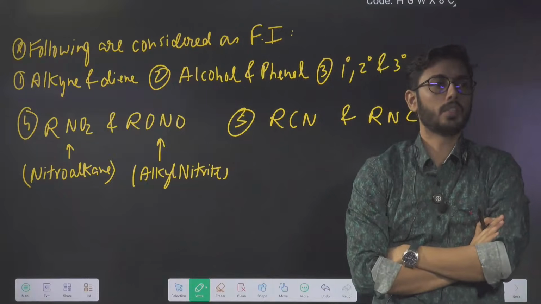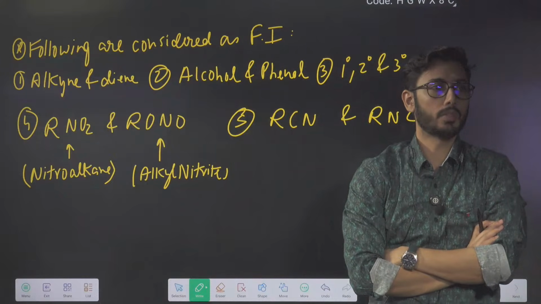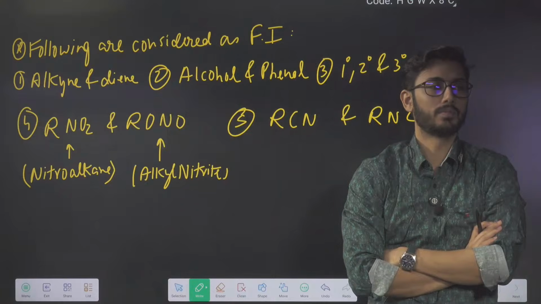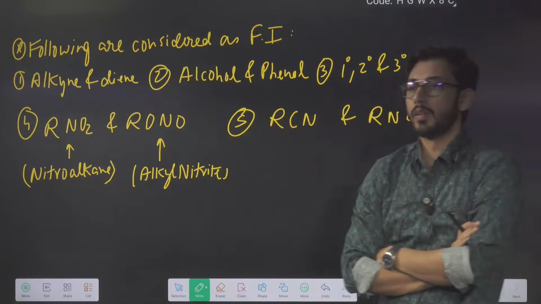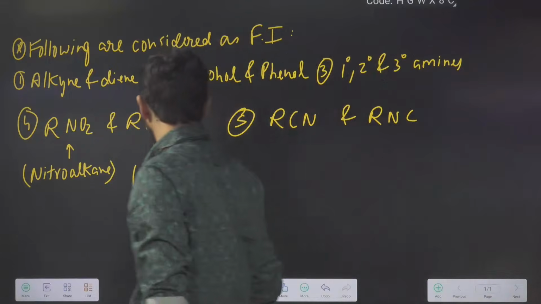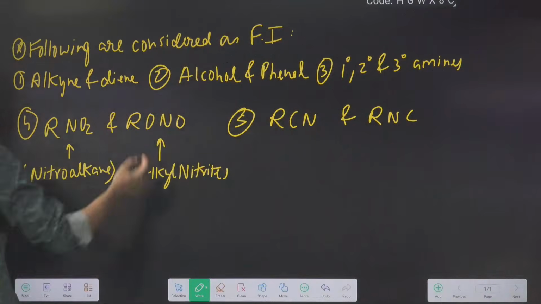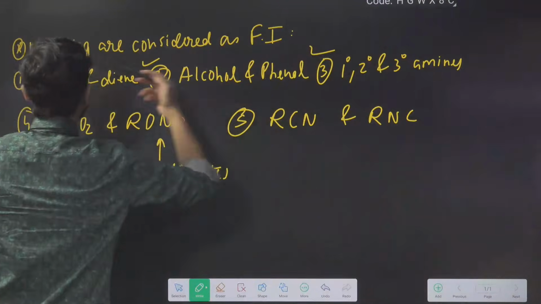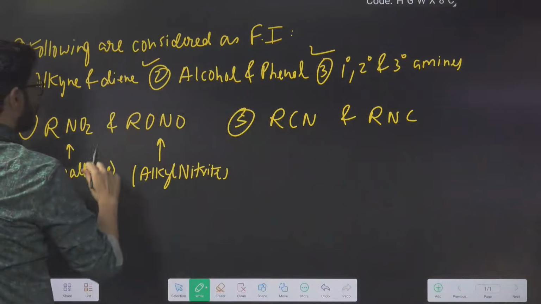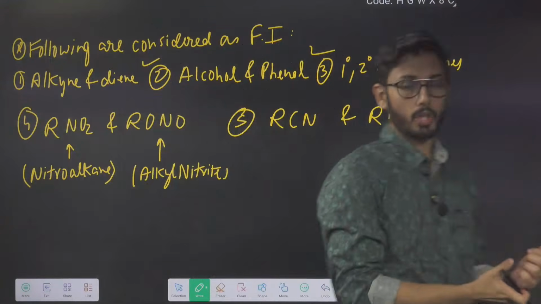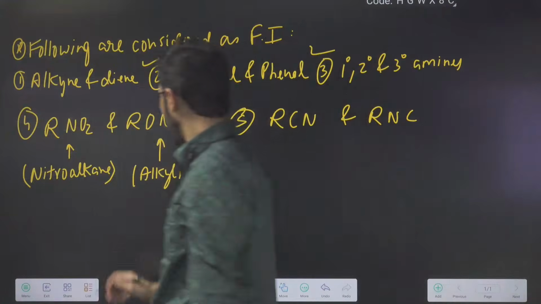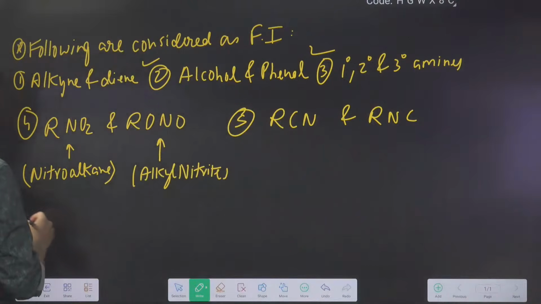Clear? Important among them are the second and third, or you can say the first also. These are more important. The remaining are for solving, understand? The remaining are for solving all types of questions given on structural isomerism.